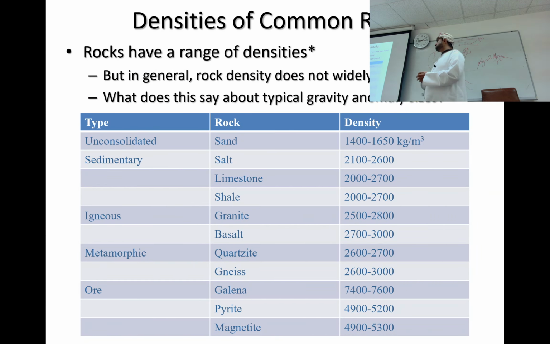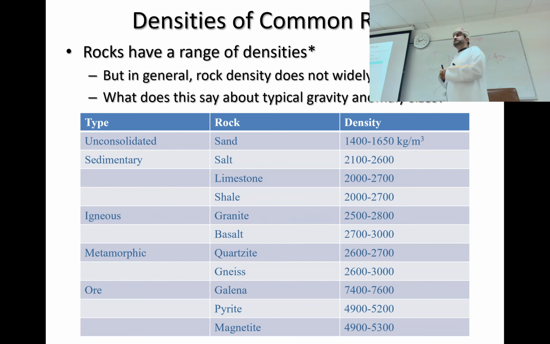So these are values for a range of different rock types. They change because of many factors, one of them their age, their compaction, their type. Which one do you think is denser, sedimentary rocks or igneous rocks? Igneous rocks are denser.